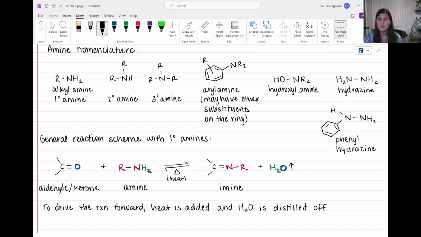Distilling off H2O, we're removing a product, and this is an example of Le Chatelier's principle, where when we have a reaction in equilibrium, if we remove a product, that will encourage the reaction to proceed in the forward direction.